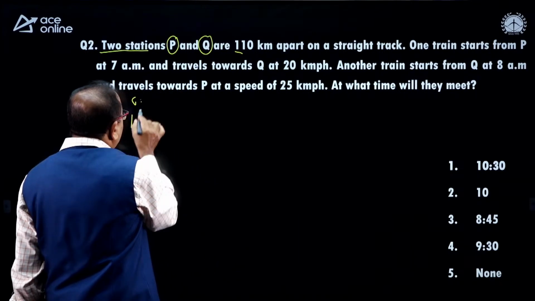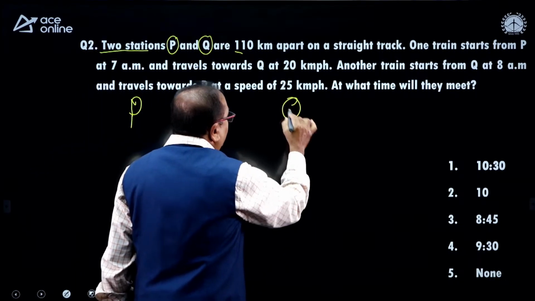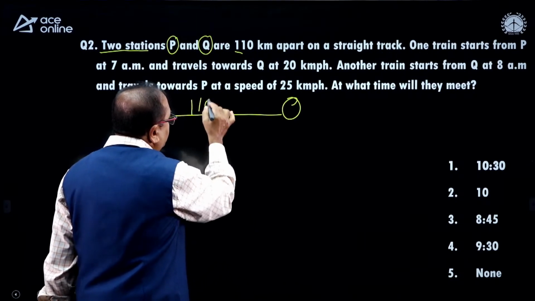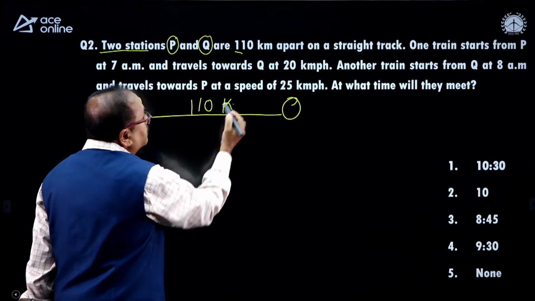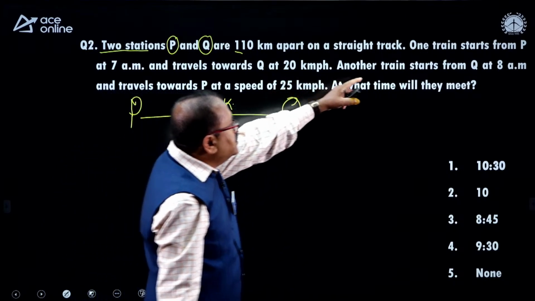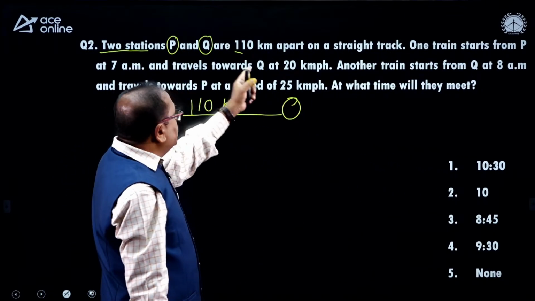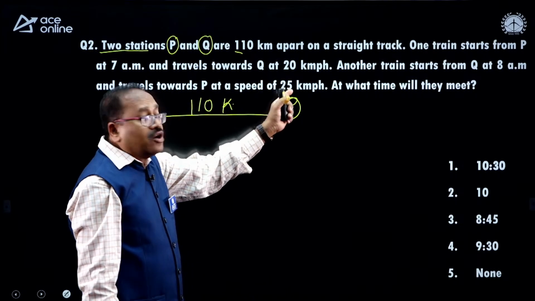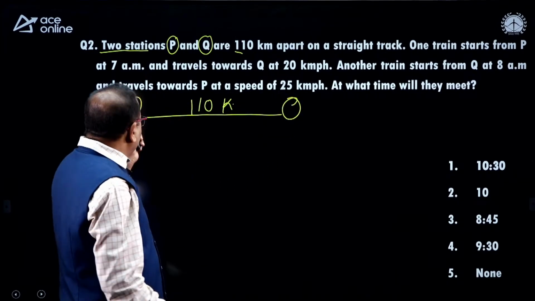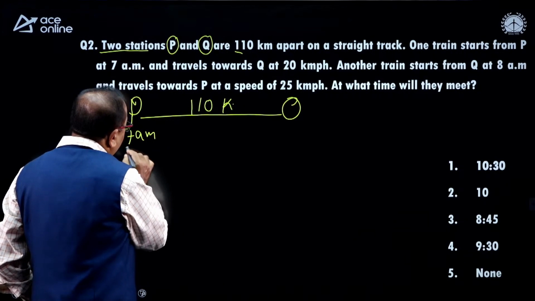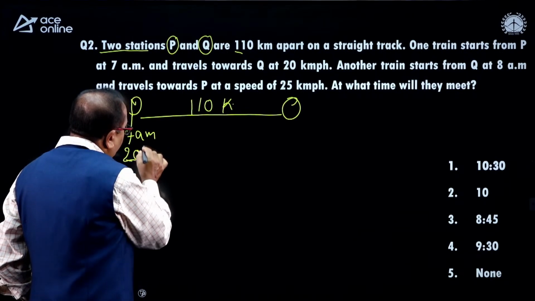Okay, this is P and this is Q, and the distance between them is 110 kilometer. The next one: a train starts from P at 7 a.m., travels towards Q with a speed of 20 kilometer per hour.